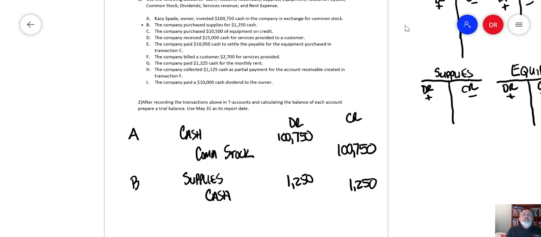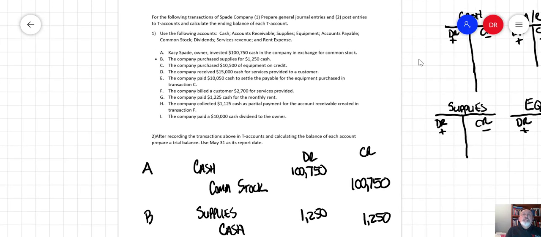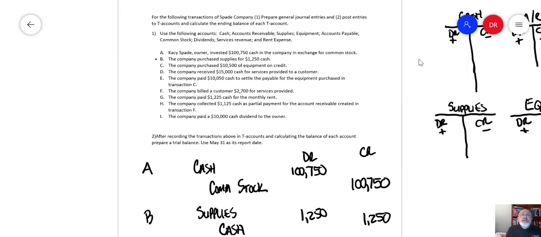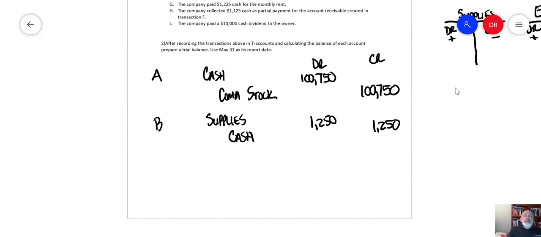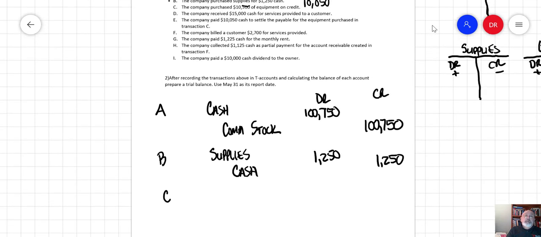And then, by the way, this is a typo in the problem. It says here the company purchased $10,500. It's actually $10,050 of equipment on credit. This is a typo in the original problem, so we need to keep that in mind or this won't work out. So for letter C, we're going to increase the asset equipment.